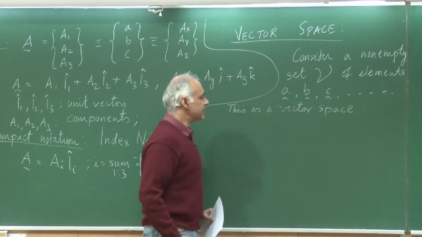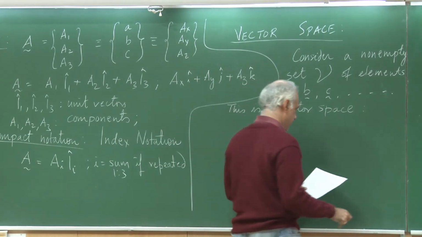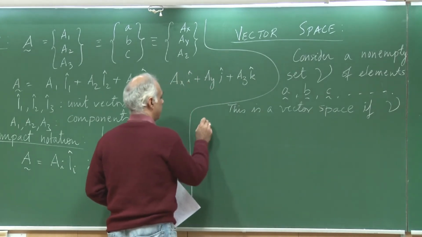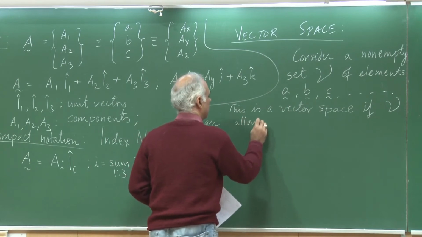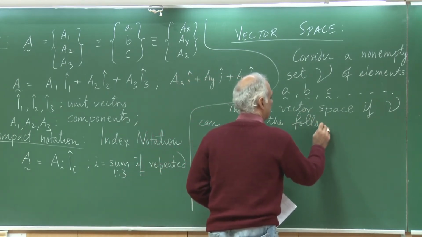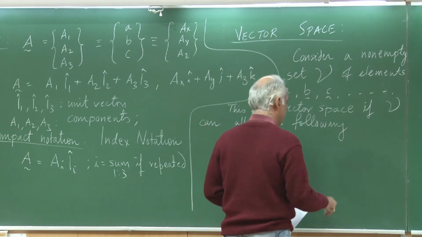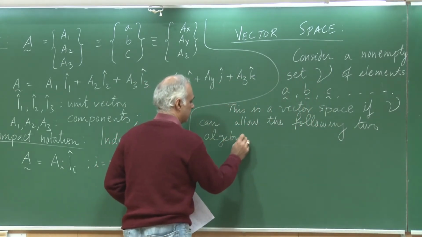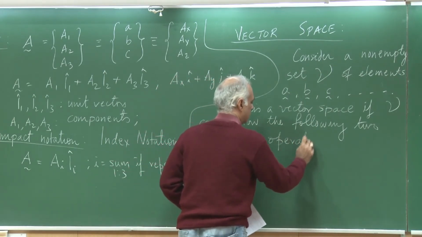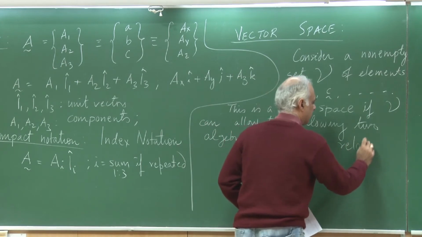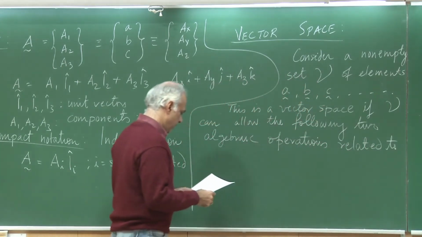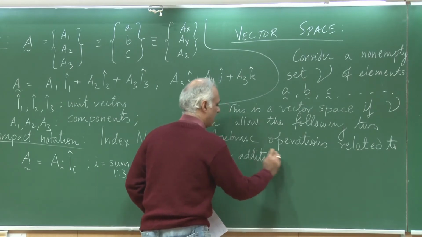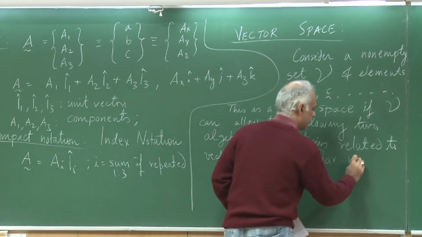A, B, C are vectors and they constitute a vector space if V can allow the following two algebraic operations related to vector addition and scalar multiplication.